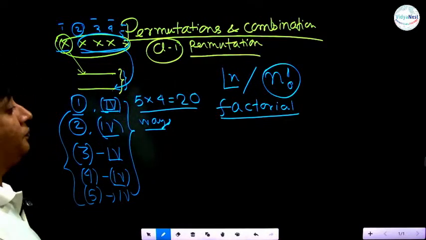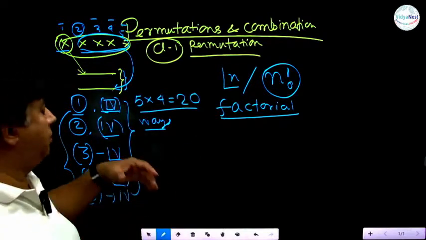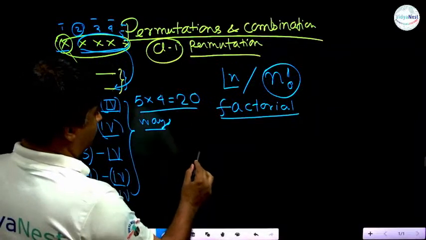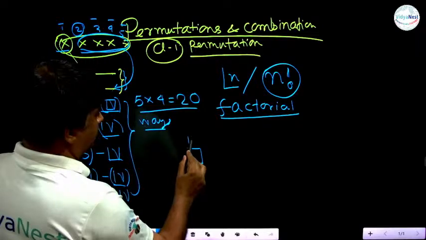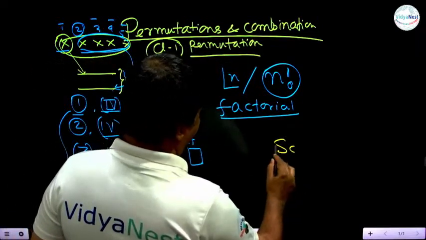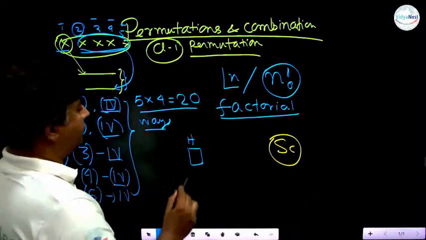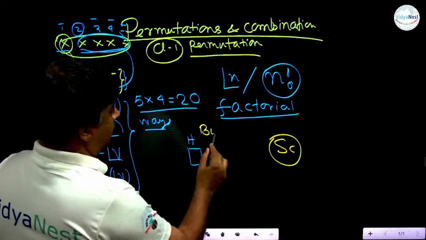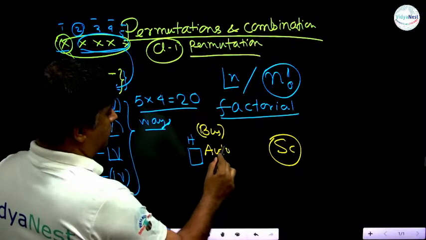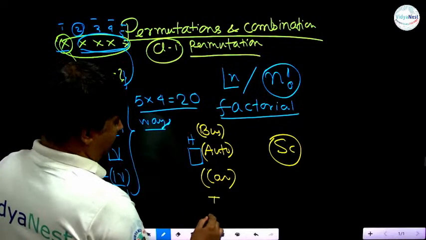Now, suppose you are going from your house to your school. There is your house, and there is your school. And another example I am referring: bus, auto, car, or taxi.